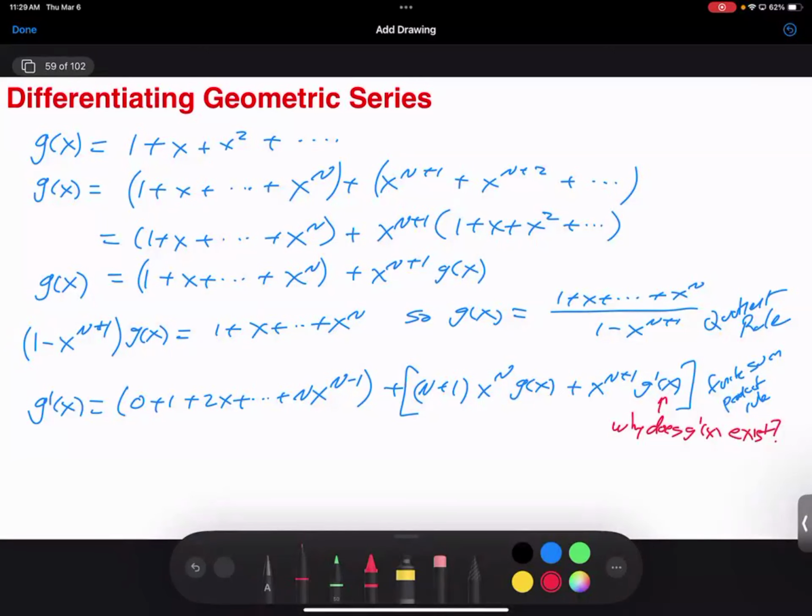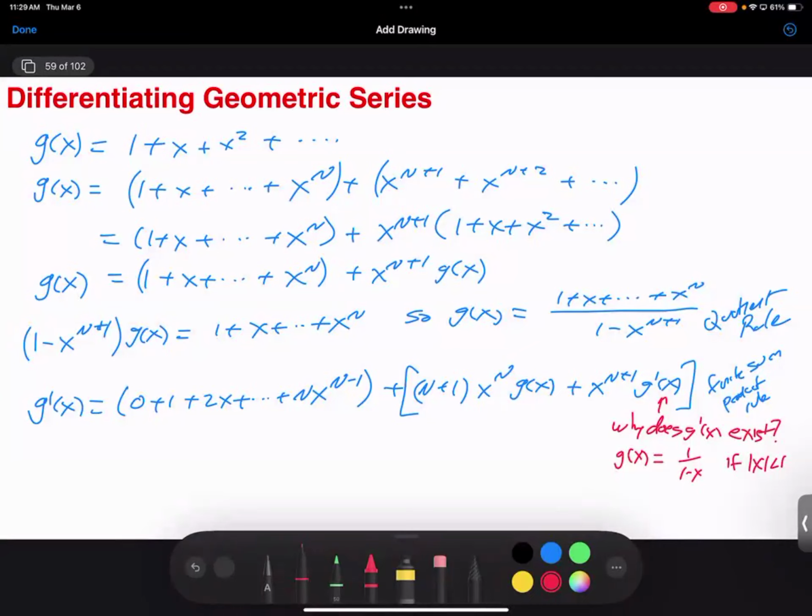What does g of x equal? You all know what g of x equals, or you should all know what g of x equals. g of x is 1 plus x plus x squared plus x cubed. What does g of x equal? 1 over 1 minus x, if the absolute value of x is less than 1.